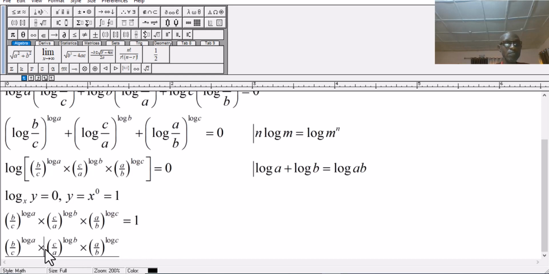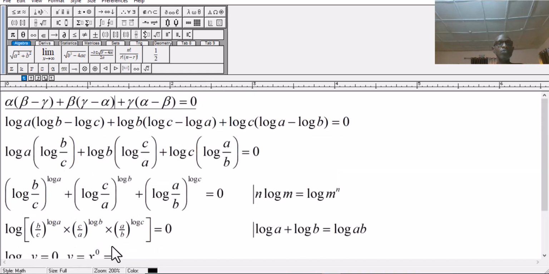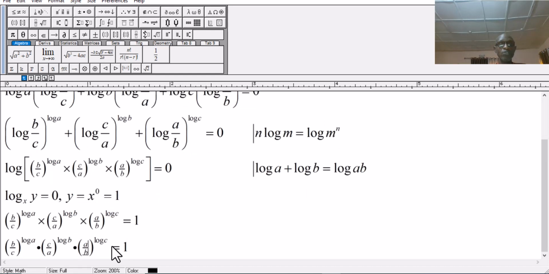So this is what we are asked to solve in this question, and we have done it.